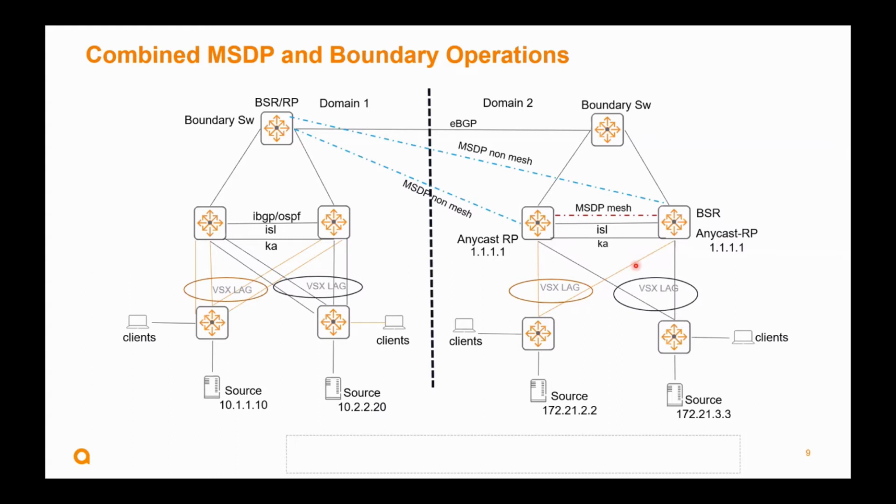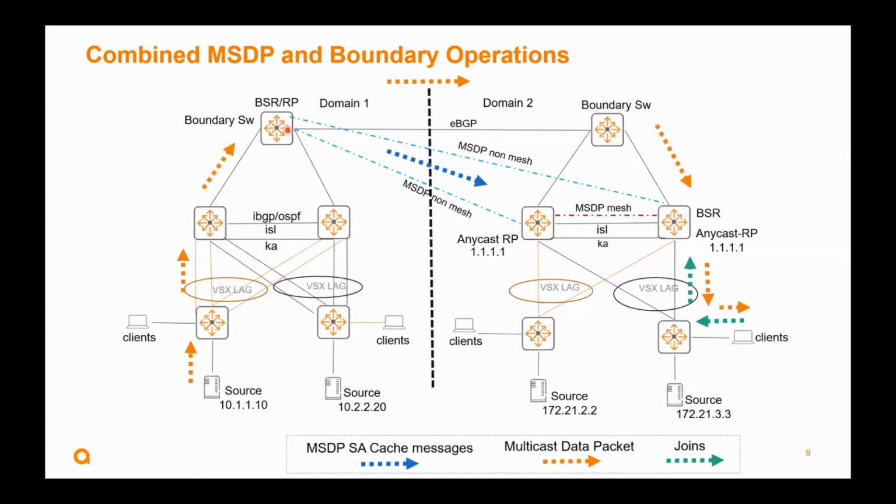Using MSDP, our rendezvous point from domain 1 will announce the multicast source by sending MSDP source active cache messages. So then domain 2 knows about the multicast source within domain 1. And when the receiver joins, we will allow that request for that receiver to go across, and the multicast stream from the specific sources that we allow can flow across the domain.